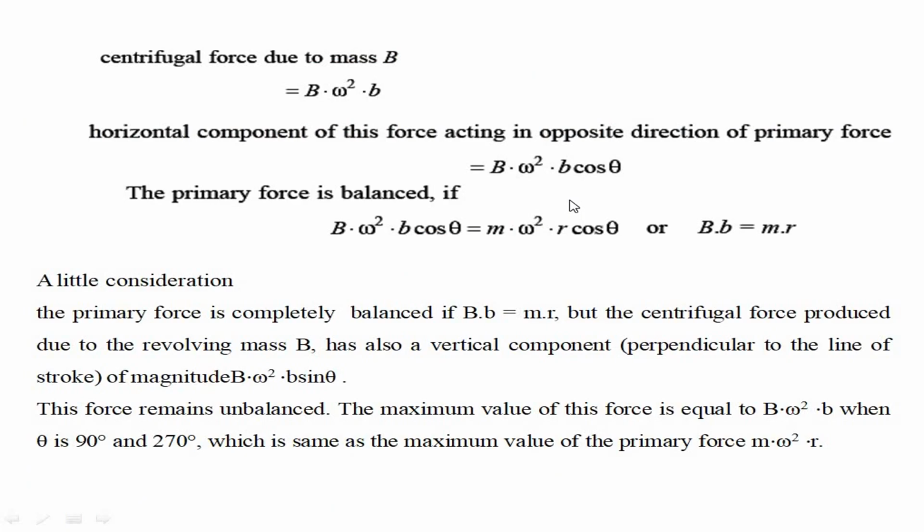A detailed explanation is given over here, in which the centrifugal force due to mass B is B omega square b, and we are comparing the horizontal component of this particular force, B omega square b cos theta, that is equal to m omega square r cos theta, which gives you Bb equal to mr. But in fact it is not there, because one vertical component, B omega square b sin theta, has not been balanced. So we are not going to get the complete balance over here.